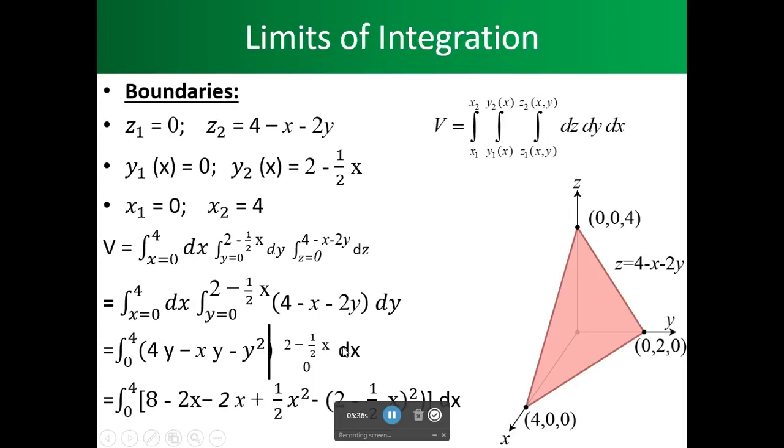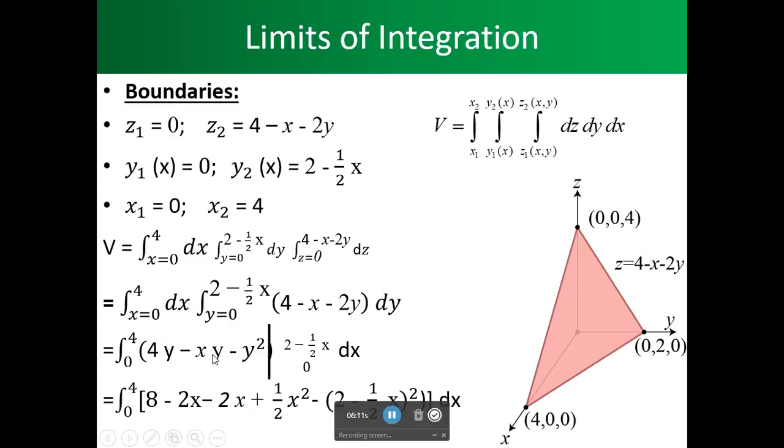So when we plug in 2 minus 1/2 x, we multiply times 4. 4 times 2 is 8, and this is going to be our y. Then we multiply 4 times minus 1/2 x. Half of 4 is 2. Then we subtract. We're just plugging in an x here.